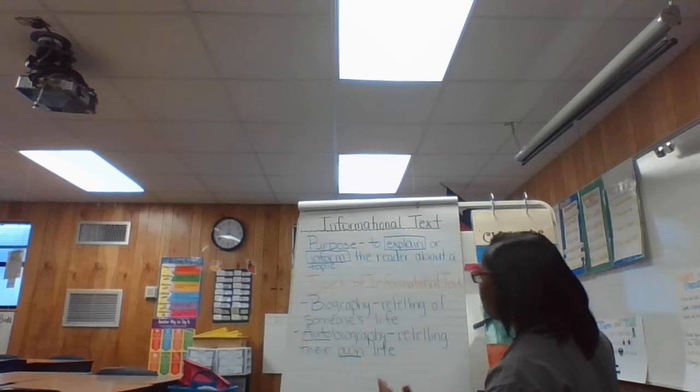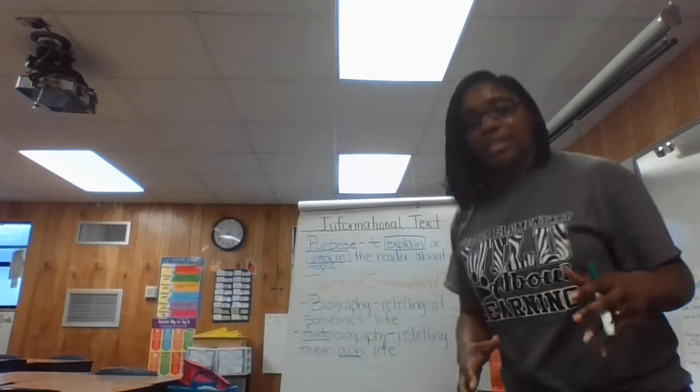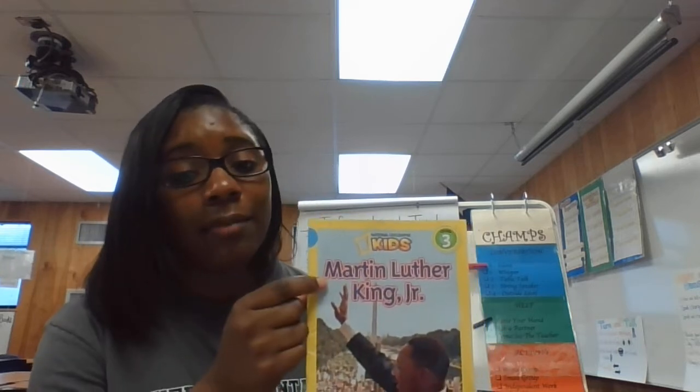That's a key word. The author wrote the book themselves, talking about themselves. So it's going to say, I was born on, and I grew up in. But a biography wouldn't say I. It's not about them. A biography will probably say something like, Martin Luther King Jr. was born, he grew up. So the wording is different between the two as well.